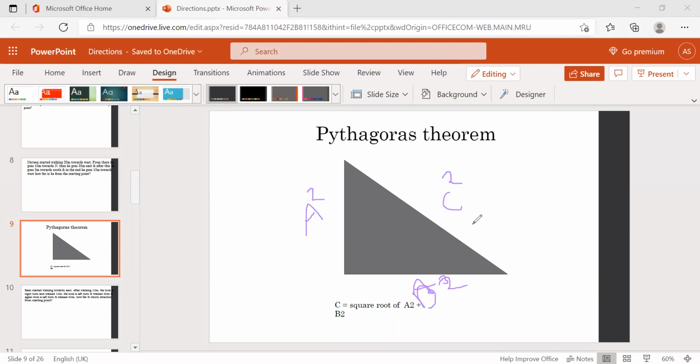So everyone knows this Pythagoras theorem. So based on this, we are going to solve the problems today. Let us have an example, then you people will understand easily.